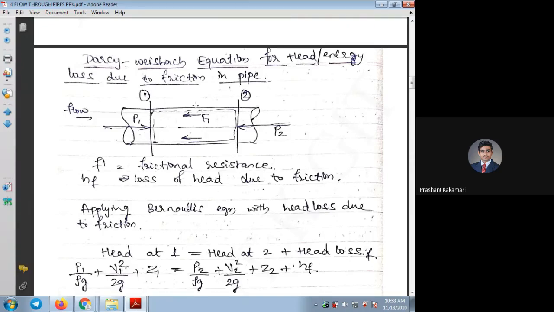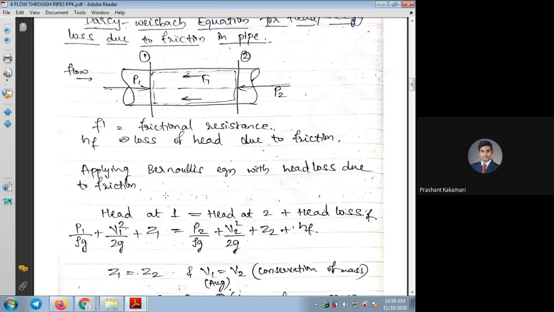Only here are the friction losses. Within the fluid, the losses are due to the viscous force, the viscosity between the fluid layers. So there will be that resistance also, like in laminar or turbulent flow. But between different surfaces, fluid and solid surface, that loss I am considering as friction loss. So in the analysis, we are talking about F dash, HF, loss due to friction, and other things.